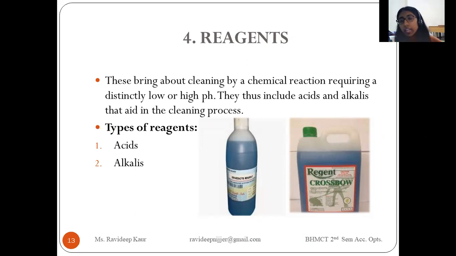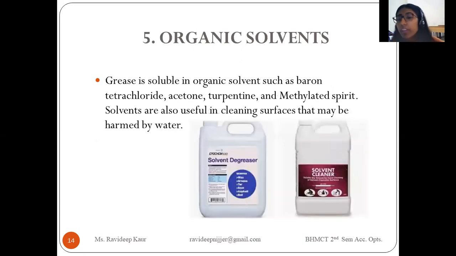So the first type of reagent is acid, and the second type of reagent is alkalis.